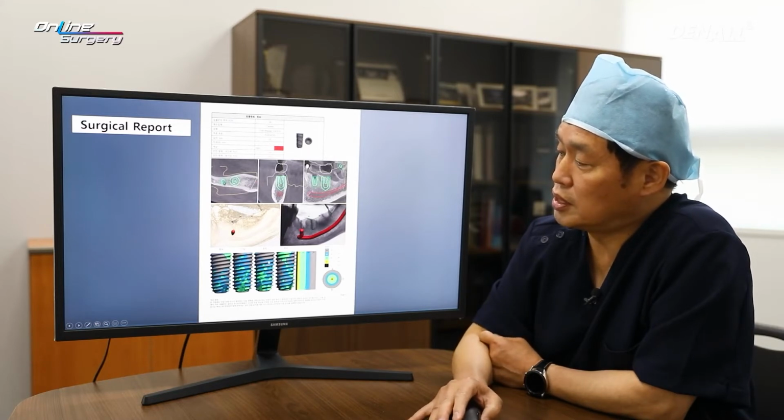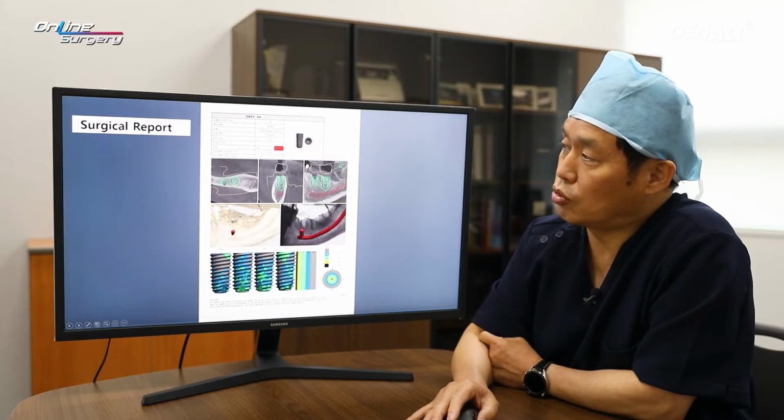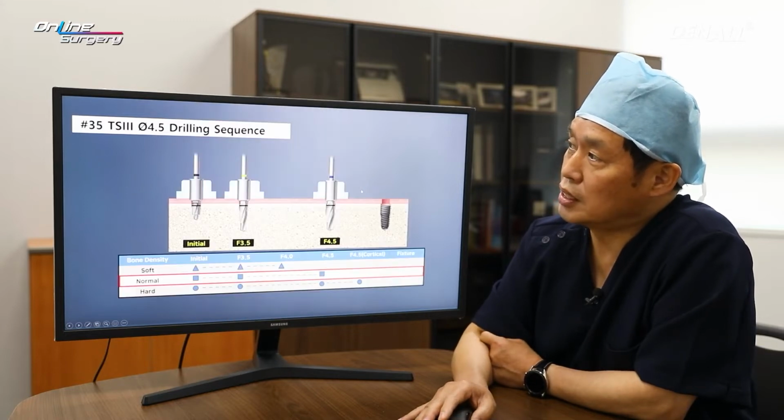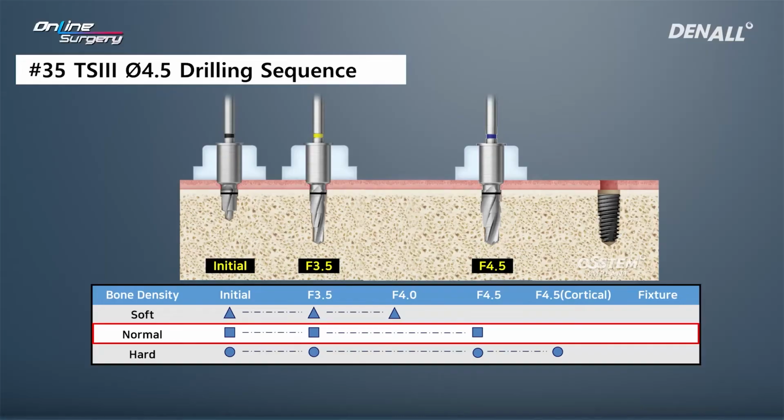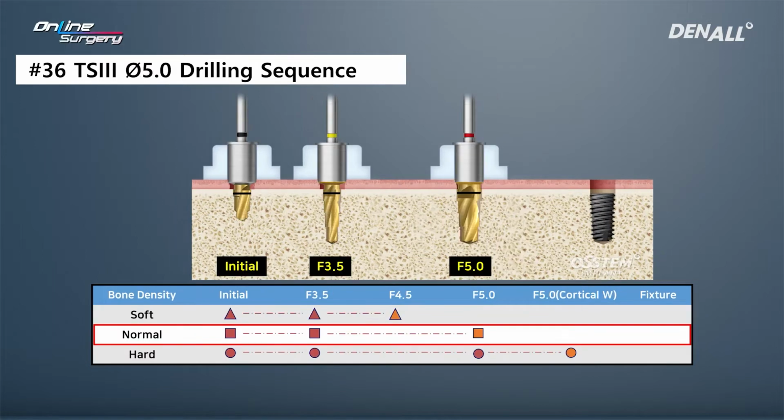The bone density itself is approximately D2. In the case of 35, TS3 4.5 by 8.5 was planned. For drilling, after initial drilling, diameter 3.5 and 4.5 were planned for implant placement. In the case of 36, diameter 5.0, as mentioned before on OneGuide, actually 10 millimeter is possible, but considering the patient's level of mouth opening, I decided on 8.5.